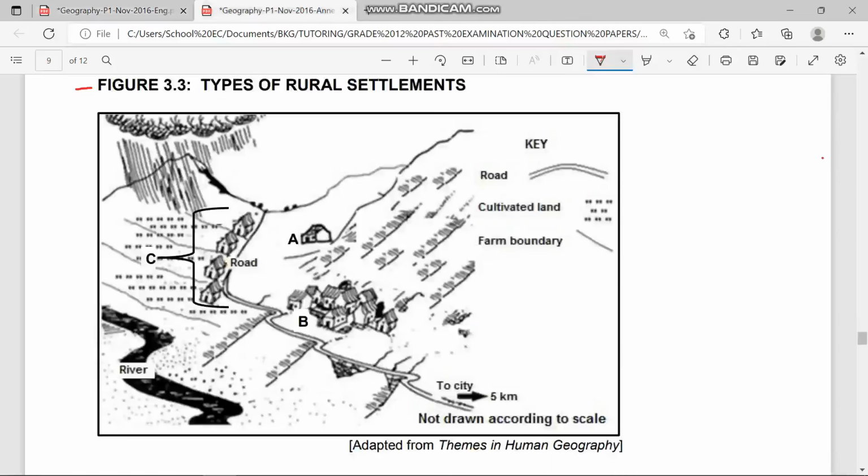You can see that B is on the high-lying area, far from the river. As you can see, the river is down there. So that's our main reason.